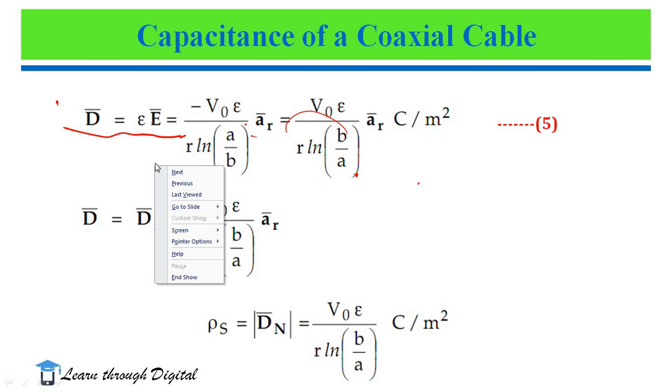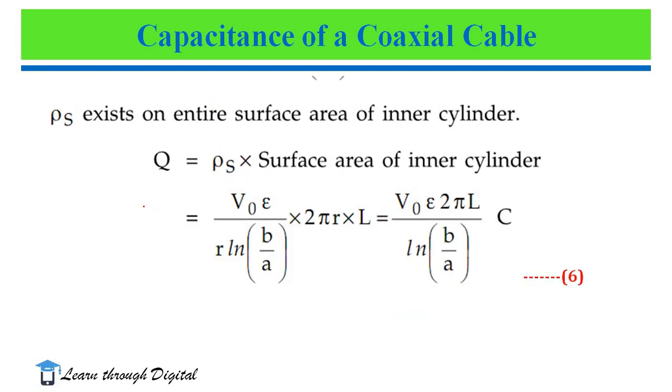Hence, rho s is equal to the modulus of D n vector. This normal component, rho s, exists on the entire surface area of the inner cylinder. So Q is equal to rho s into the surface area of the inner cylinder, that is equal to V naught epsilon 2 pi L by ln B by A coulombs.